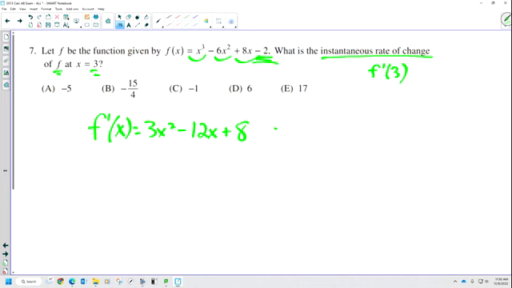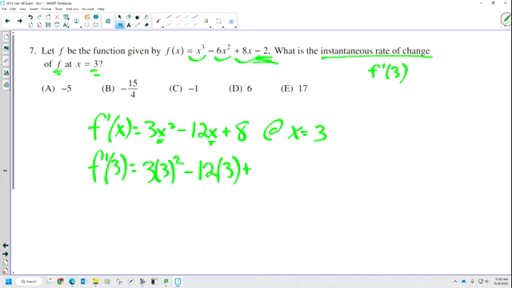I want this at x equals 3. So f prime of 3, 3 times 3 squared. I'm going to put a 3 in for all these x's, and all 2 of them. But still, it's math, right? Minus 12 times 3 plus 8. 9 times 3, 27.